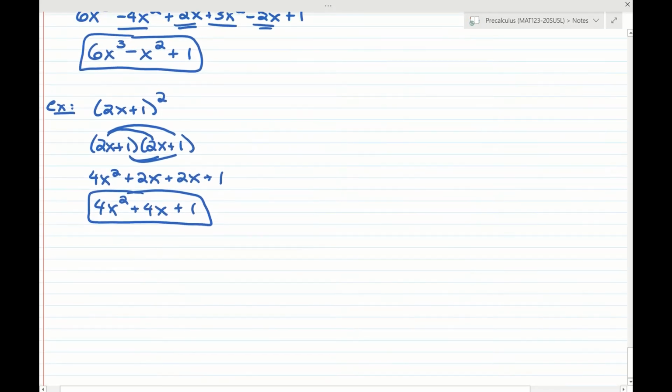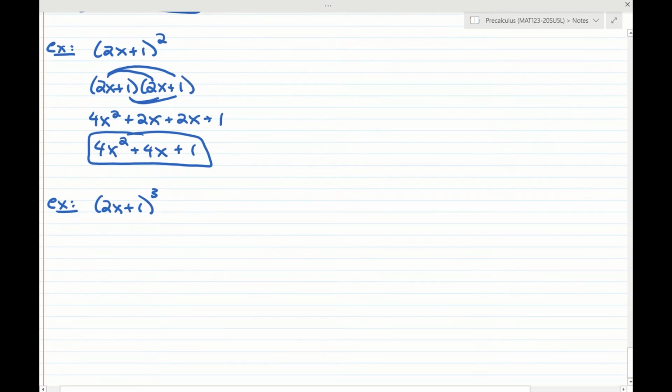Okay, and then we'll do one more similar to this. What if we had 2x plus 1 to the third power? So let's write it out. We're not going to distribute the 3 because we can't do that over addition or subtraction. Well, the way that we do this is we just do one step at a time. We don't try to do too much all at once. So let's just distribute these. We'll get an answer, and then we'll distribute it with the last term.